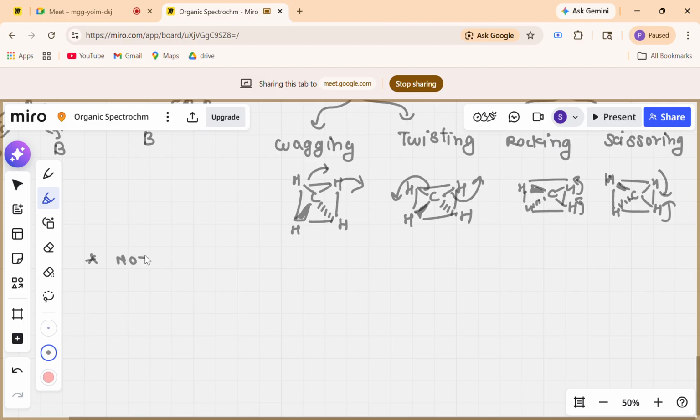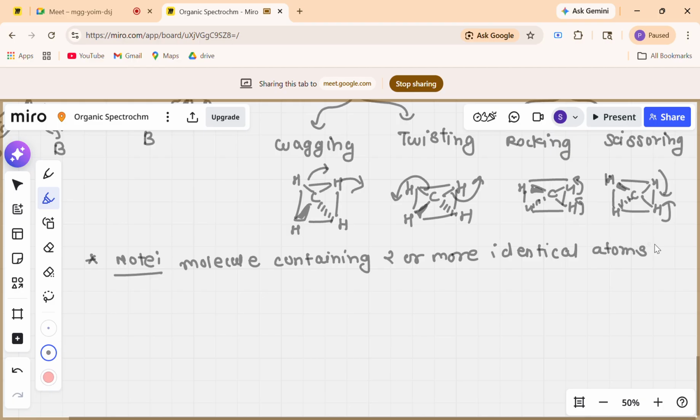So just the point to note down: a molecule containing two or more identical atoms gives two peaks.